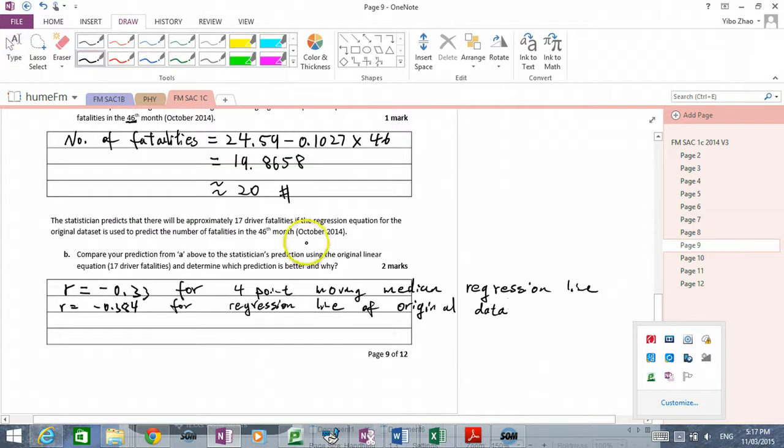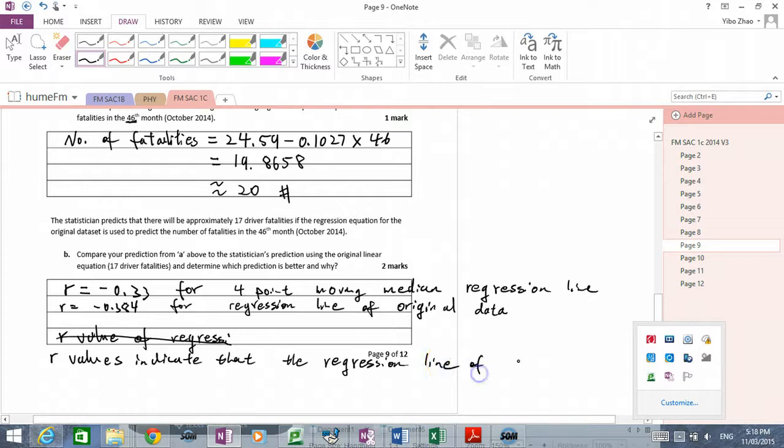Write down like this: the R values indicate that the regression line of original data is stronger.